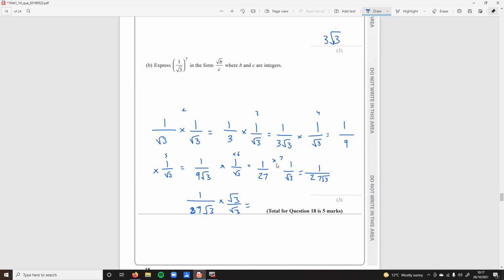You have to rationalise it. 81 over root 3. Root 3 over 81. Oh my god. Jesus Christ.